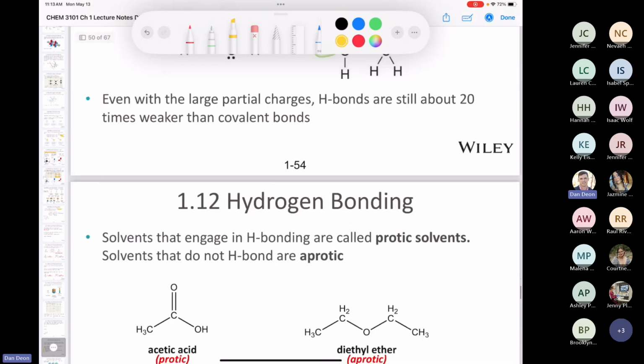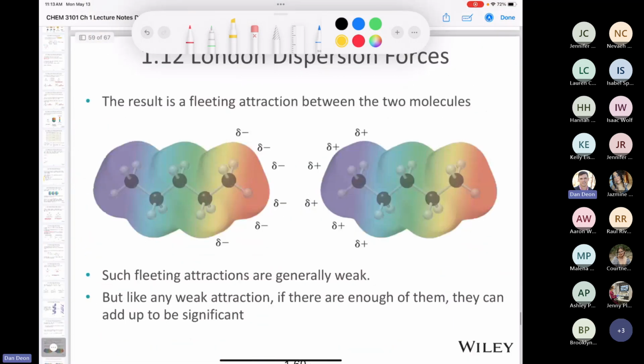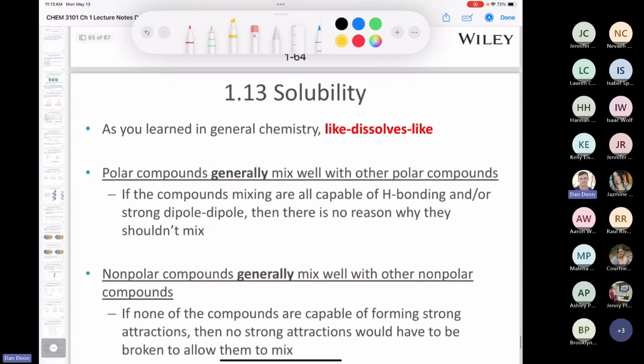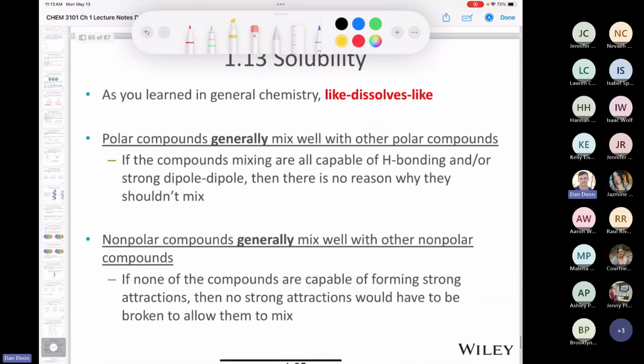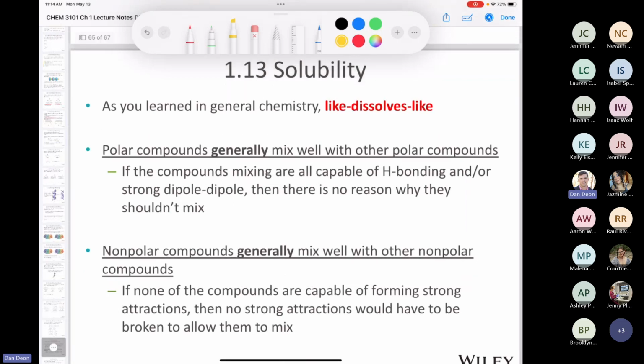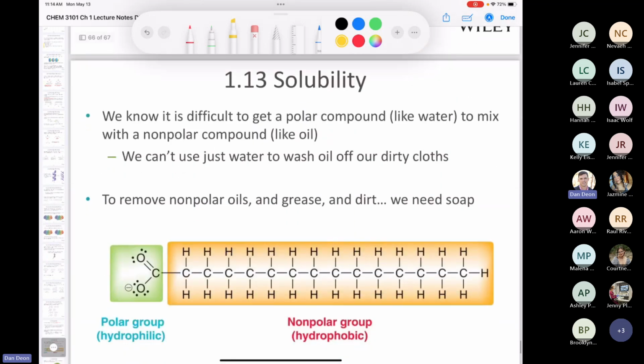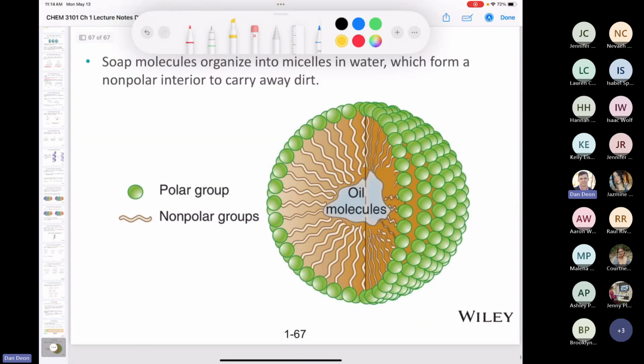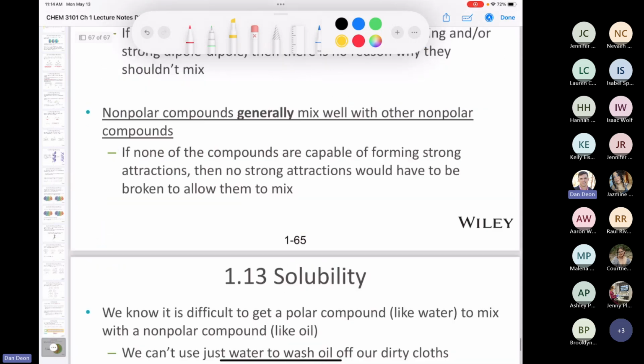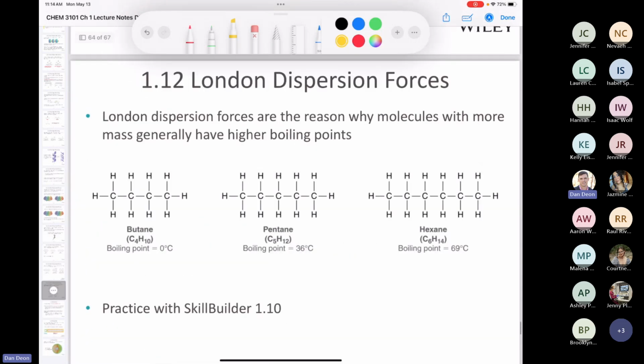Then once we're done that, there's just a very, very short section at the end on solubility. So we'll talk about solubility and the axiom like dissolves like. So polar compounds dissolve polar compounds, nonpolar dissolve nonpolar. And then we'll talk about soap, and then we'll be done. Okay, so we'll finish that tomorrow morning, and then we'll get into chapter 2.